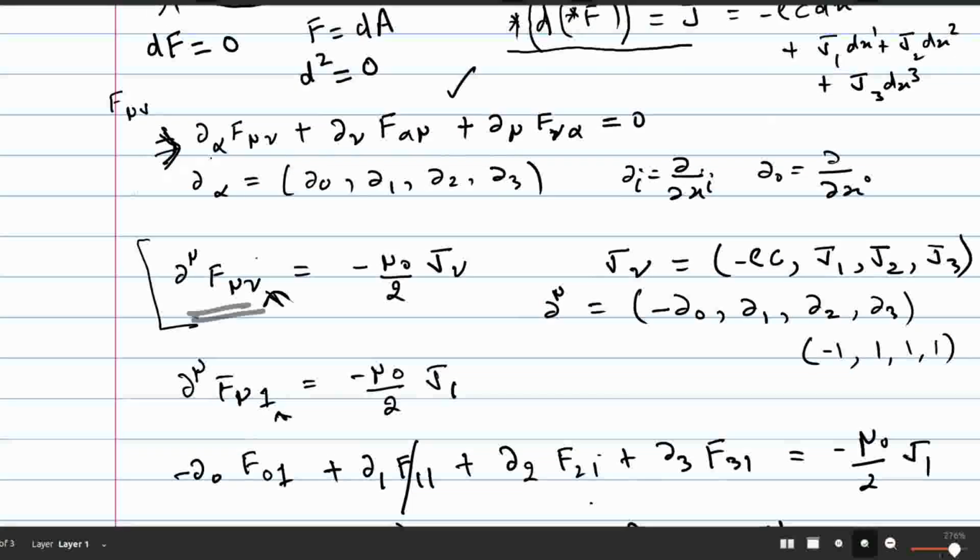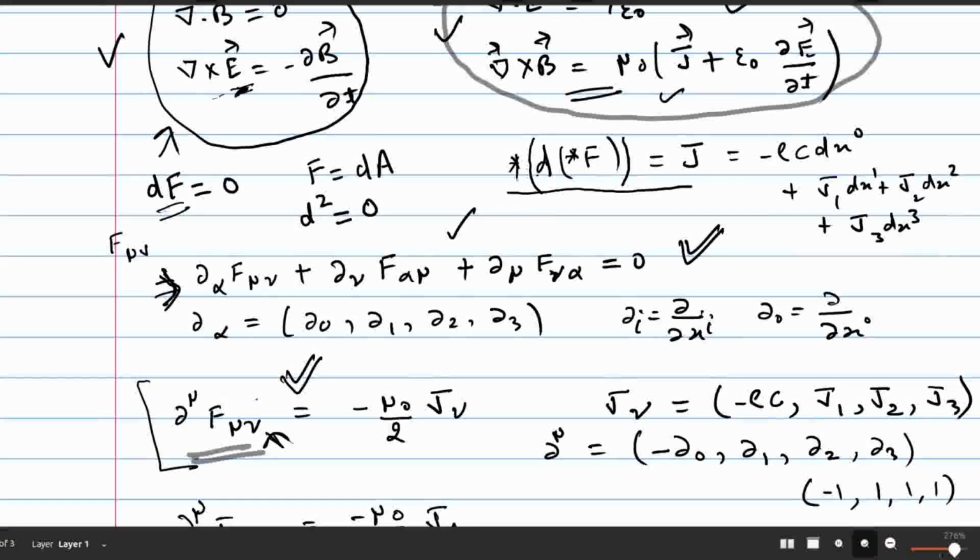So Maxwell's equations, in summary, are equivalent to these two equations here. This is an identity which comes from dF equals 0, and this equation in geometric form is equivalent to this one in terms of the Hodge star.